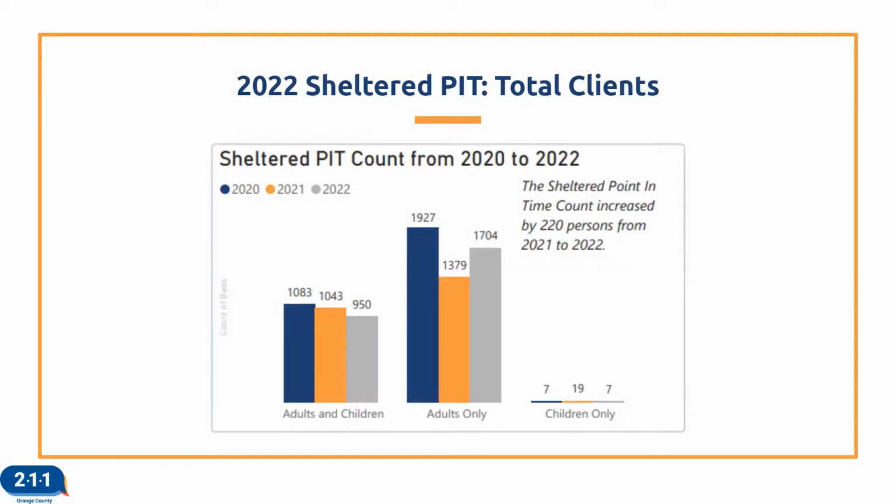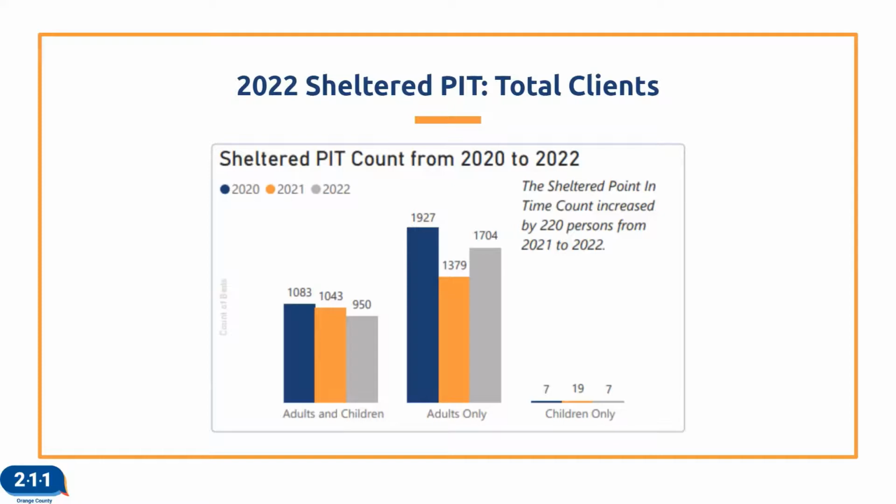The adult-only households, it's been a little more fluctuating, and that's because in 2021, there were capacity limitations because of COVID, but we overall have had a decline since 2020. And then for children-only households, the number of clients in shelters is very low.